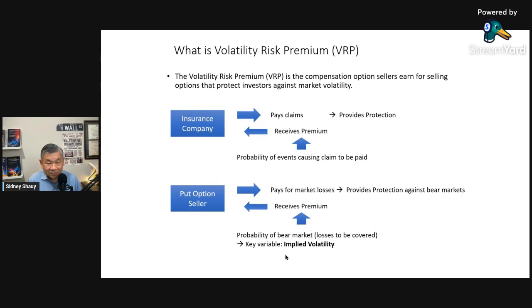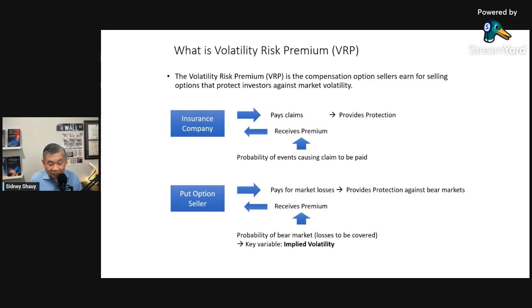And there are several variables that will be inputs to calculate this probability. One of the most important variables is the volatility. Because think about this: if a market is very stable, very boring, nothing happens, the probability of that market going negative is kind of small.